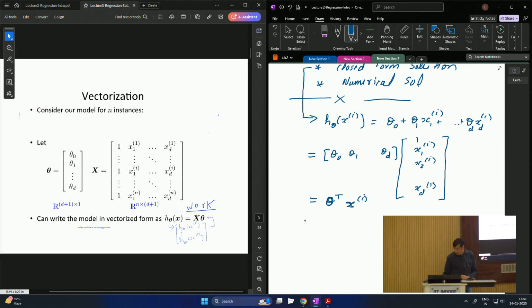So this is one thing. Now if I have to write h theta of x, you can see theta is again a vector, x is again a full vector. You will want to write this as h theta of x1 all the way till h theta of xn.